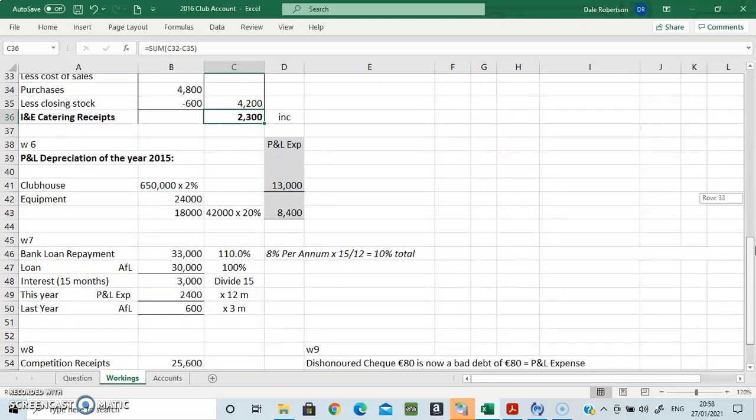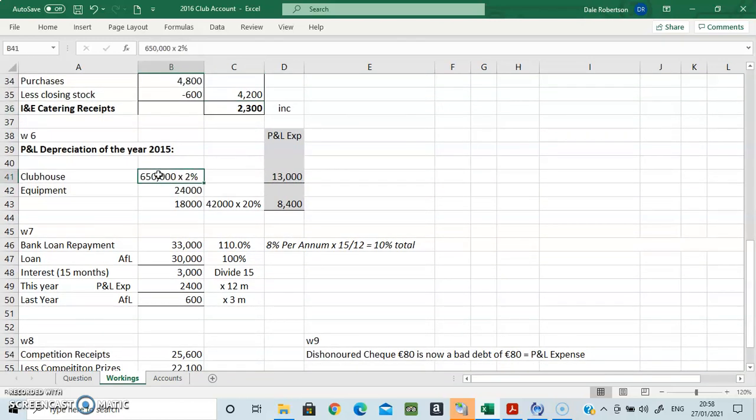Well, we have depreciation on the clubhouse of 2%. It's just 2% of 650,000, 13,000. And depreciation of equipment is 20% of the final figure. We had 24 at the start, and during the year we bought 18. So that gives you 42,000 at 20%, which is 8,400. Both of these are profit and loss expenses.